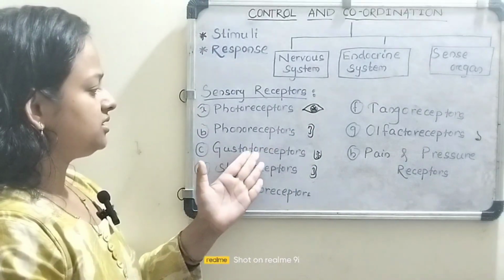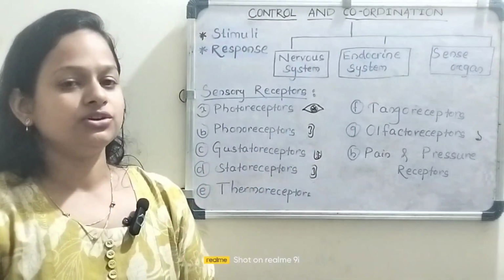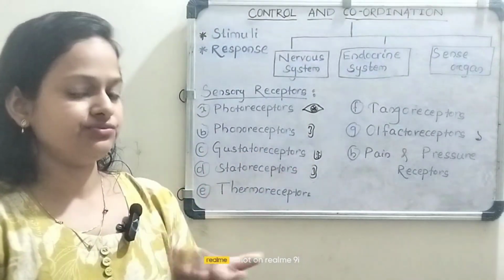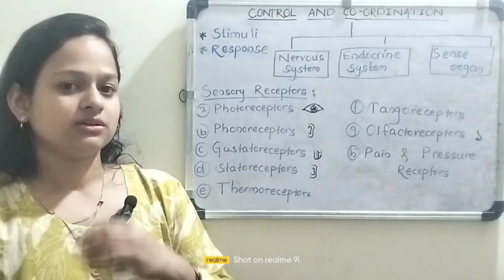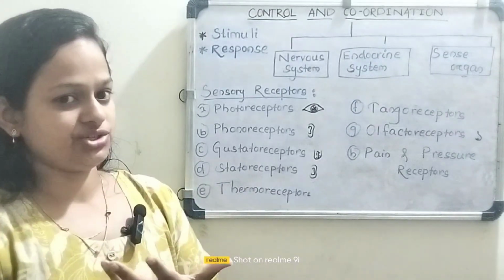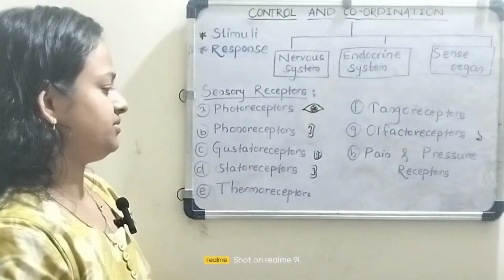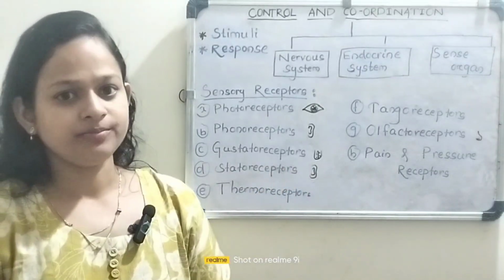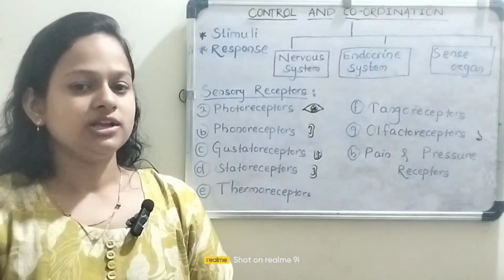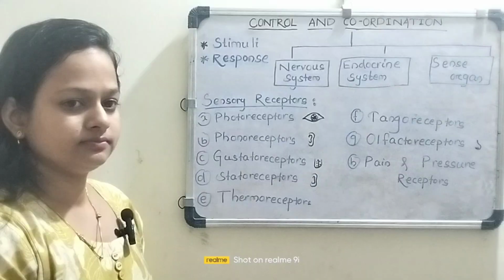Then the gustatoreceptors are present on the taste buds of the tongue, and they give the taste of the food. Then come to the statoreceptors. These statoreceptors are also present in the ear and they help in maintaining equilibrium.